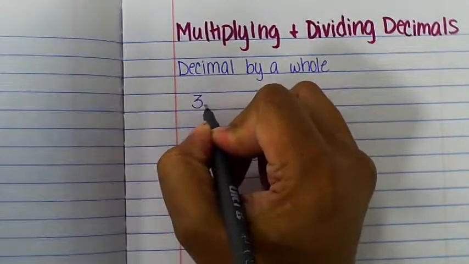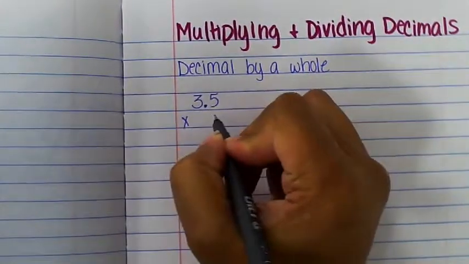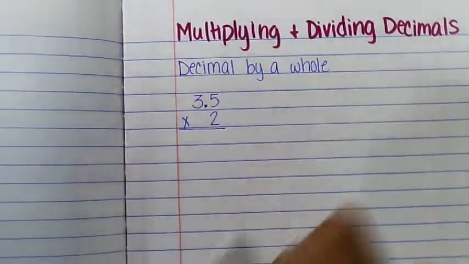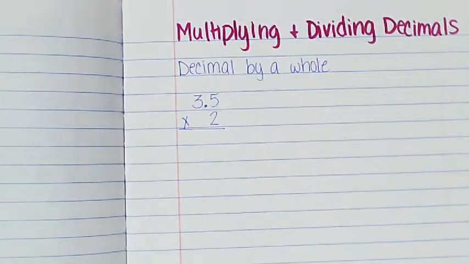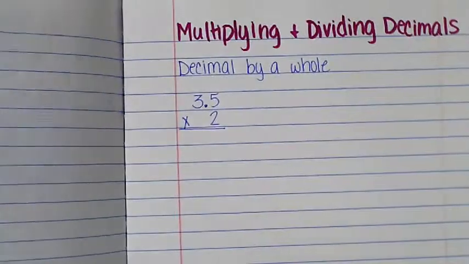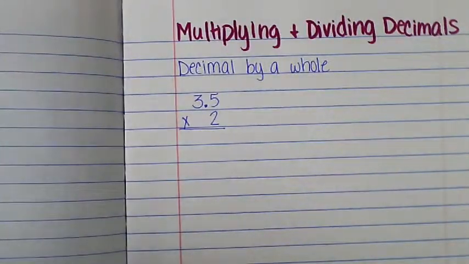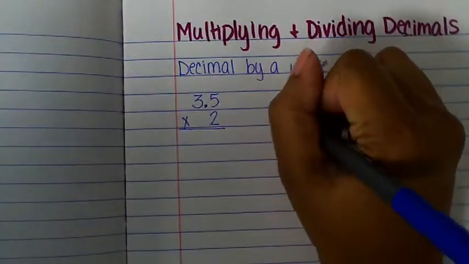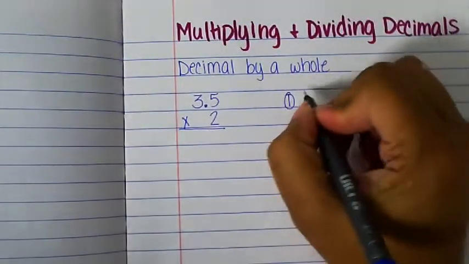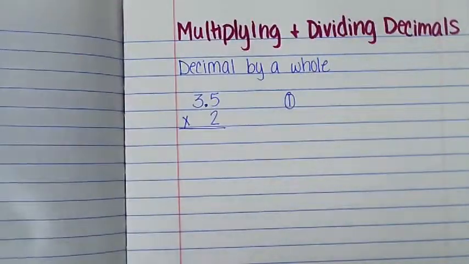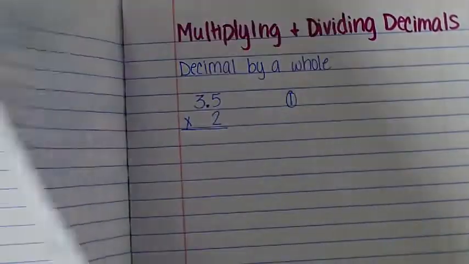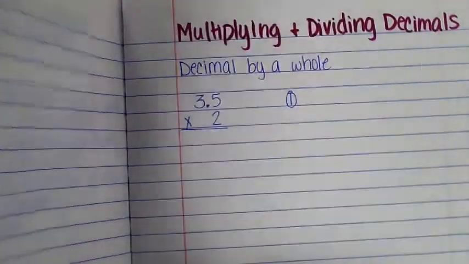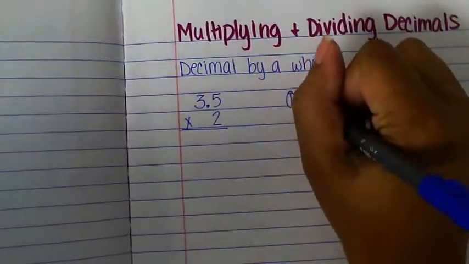So we're going to do 3 5/10 times 2. Step 1. I'm going to do my notes there real quick. Take out decimal.